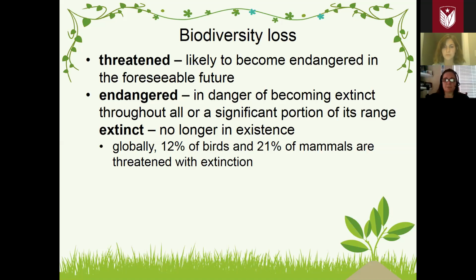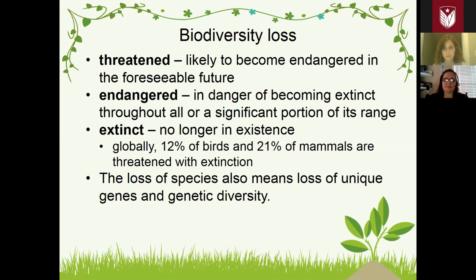Globally, 12% of birds and 21% of mammals are threatened with extinction. And of course, as soon as one organism in a location goes extinct, there could be a rippling effect or cascading effect that might cause other species in that ecosystem to become extinct.